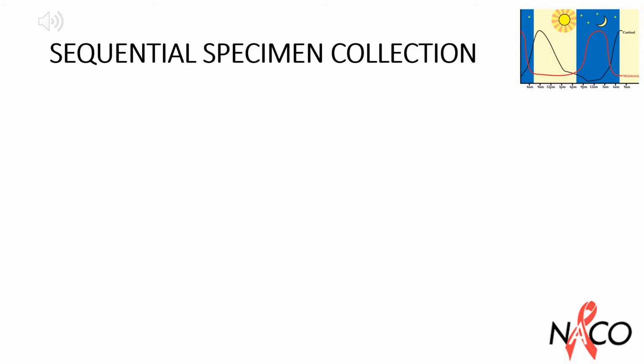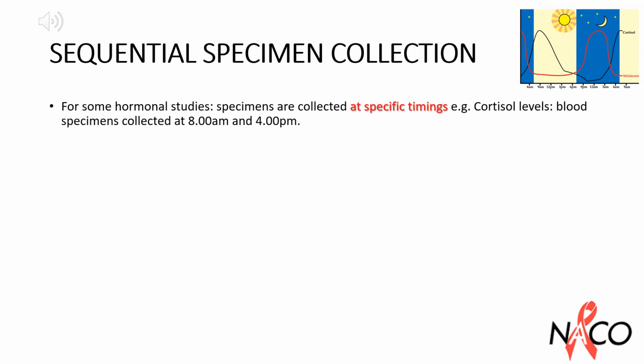Sequential specimen collections. For some hormonal studies, specimens are collected at specific timings, example cortisol levels. The blood specimens are collected at 8 am and 4 pm. The time of blood specimen collection has clinical significance and hence must be clearly mentioned on the sample collection tube.